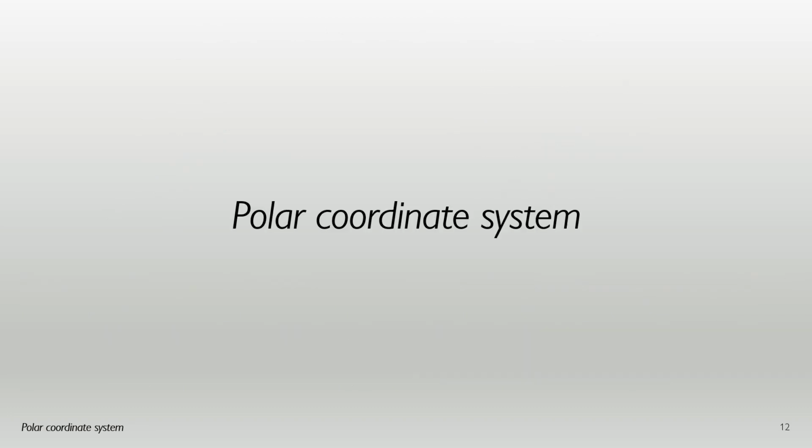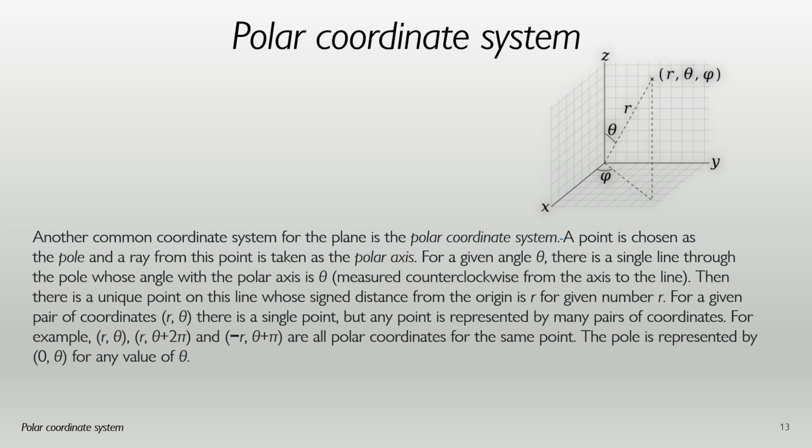Now we will discuss the polar coordinate system. The polar coordinate system is another common coordinate system for the plane. A point is chosen as the pole and a ray from this point is taken as the polar axis.